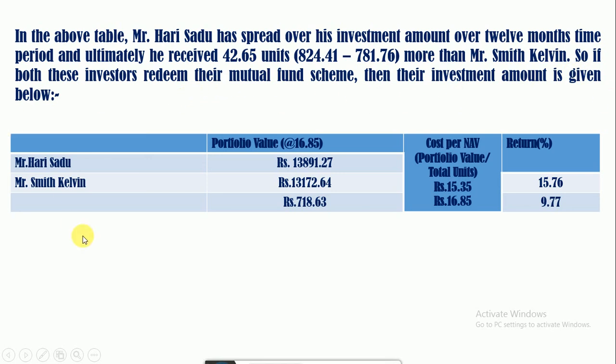So if after a period of 1 year, both the investors are going to redeem their investment, meaning sell their investment, what will be their return? The portfolio value is 16.85.